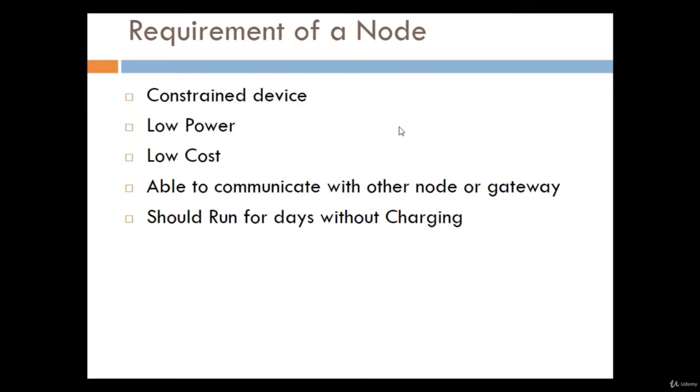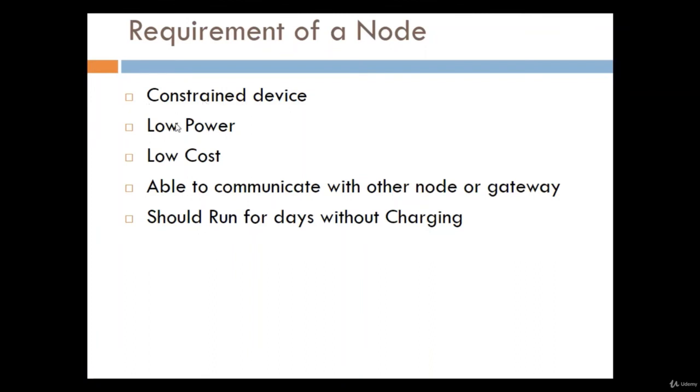Also, because you're keeping these nodes in maybe hundreds or thousands, the power they take should be very low, because once you install these nodes, you cannot keep interchanging the batteries or changing things once they are installed. So they have to take very low power, so that on a single charge they will be able to run for a longer duration.